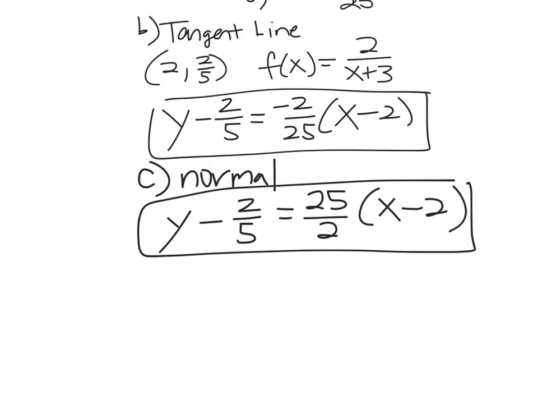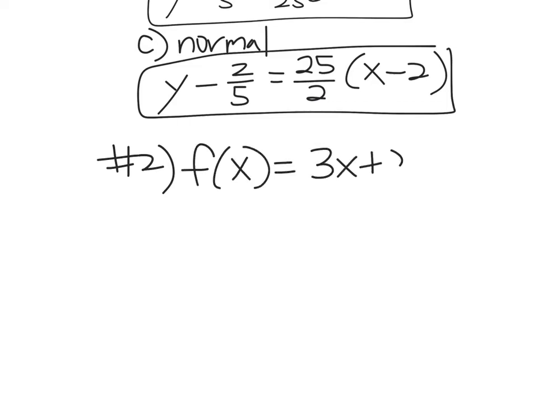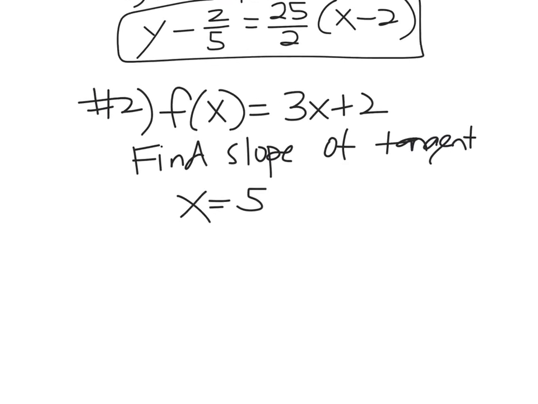Let's do number 2. Here we go. So you're going to have a fraction. Now, let's talk about real quick just a line. If I have f of x equals 3x plus 2, and I want to find the slope of the tangent at, say, x equals 5, don't go through the limit process on this.